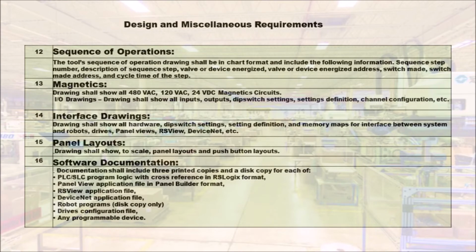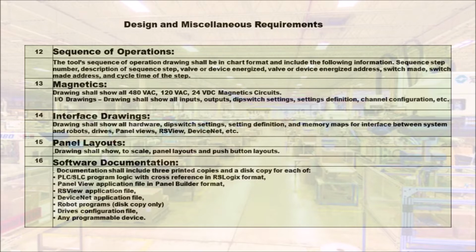12. Sequence of operations. The tool sequence of operation drawing shall be in chart format and include the following information. Sequence step number, description of sequence step, valve or device energized address, switch made address, and cycle time of the step. 13. Magnetics. Drawing shall show all 480 VAC, 120 VAC, 24 VDC magnetic circuits.